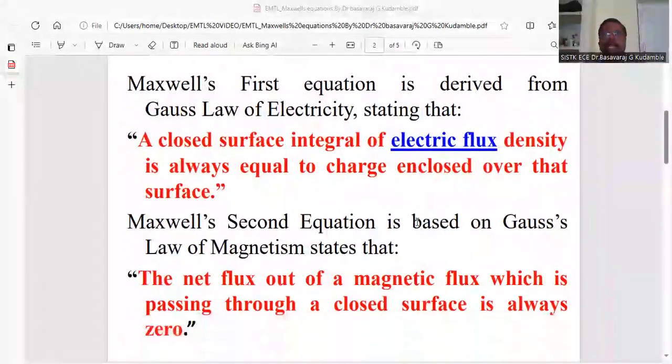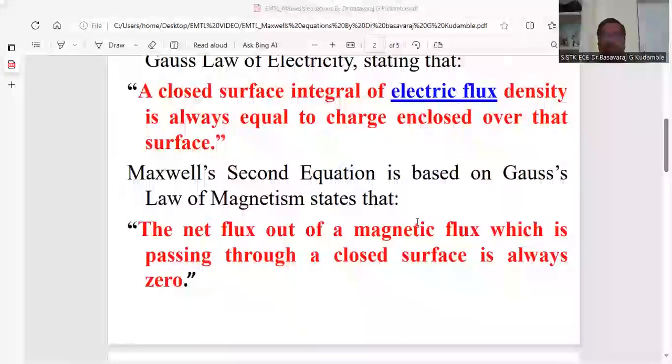Then Maxwell's second equation is also derived from Gauss law, Gauss law for magnetic fields. Here the magnetic flux through a closed surface is always equal to 0. The reason is that a magnet consists of 2 poles, north and south pole.